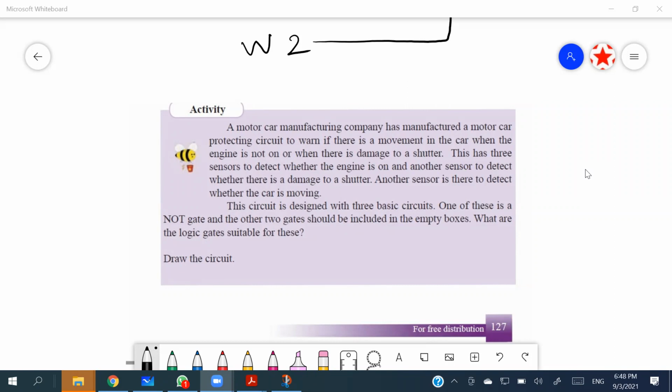It says the security system works when there is a damage to a shutter, or when the car is in movement when the engine is not on, right? So it says if there is a movement in the car when the engine is not on, or when there is a damage to a shutter, right?